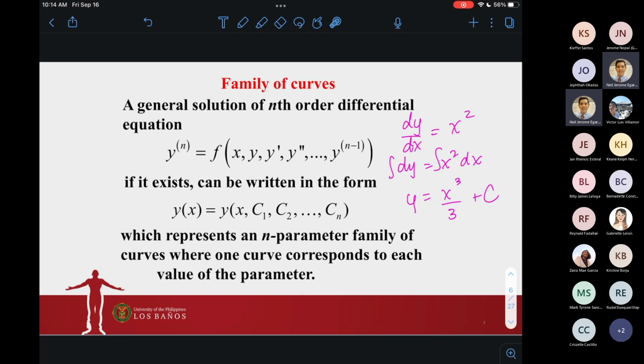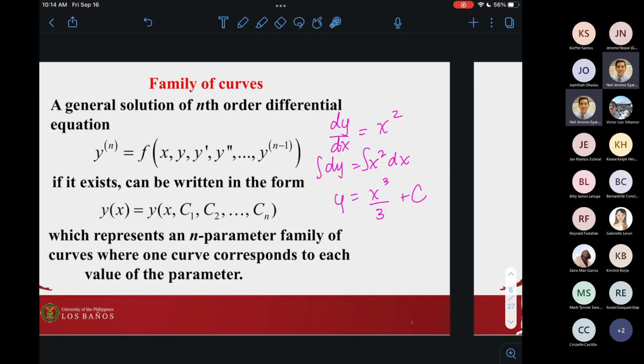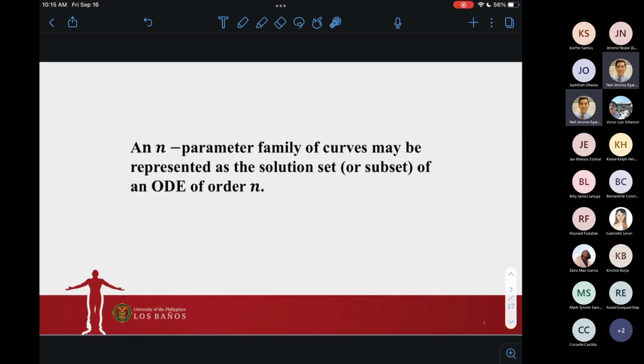But if you have an n-parameter family of curves, gusto nating mahanap yung ODE na mag-represent sa kanya. So we need to get rid of the parameters using differentiation. So if you have an n-parameter family, i-differentiate lang natin yung relation representing that family n times to get rid of all the constants involved. All right? So that's the general plan of action that we'll do.